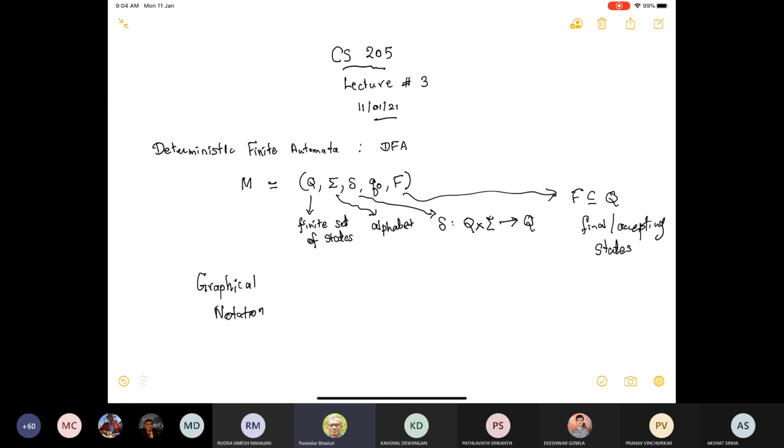Right? And we draw the states as circles. You can put the name of the state inside.